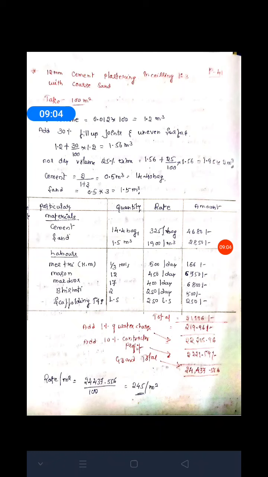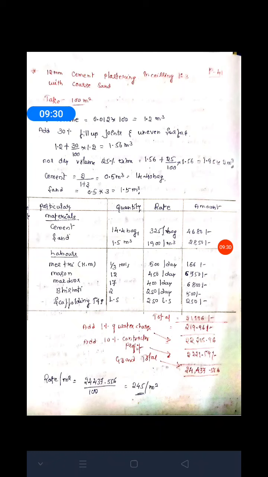The wet volume is thickness into 100. Then additionally we are adding 30% extra for the uneven surface, and then we get a wet volume of 1.56. And again add dry volume around 25%, because when we add the water there will be a reduction in the volume of mortar, so that is the reason we need to add an additional 25% extra. Then we get 1.95, which we round off to 2 meter cube.